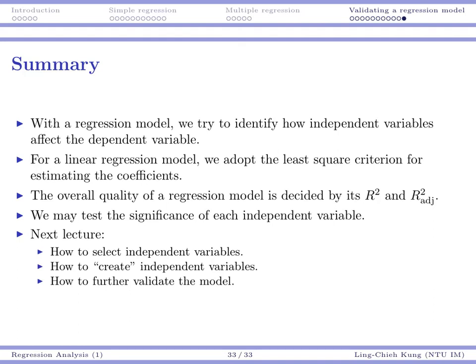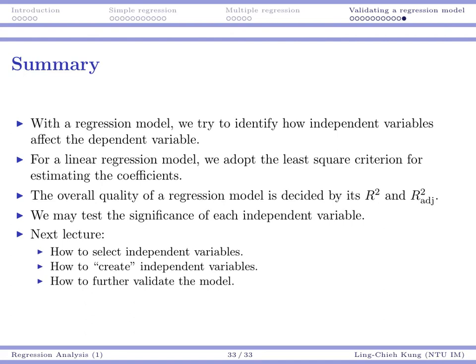In the lecture on Monday, I will give you more examples and more discussions, and then in the next lecture, we need to talk about something more. For example, when we have multiple independent variables, what are some guidelines to select independent variables?